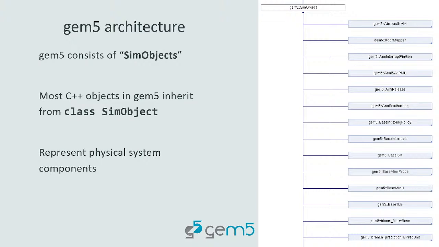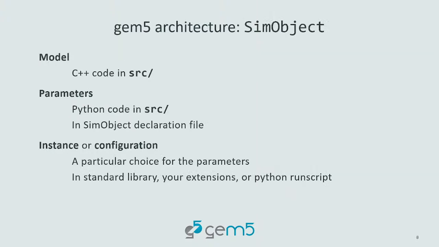So like the non-volatile memory model, the base indexing policy, the branch prediction unit are all sim objects. These represent some physical component in the system. So a sim object is a model, and it's implemented in C++, and you find it in the source directory.